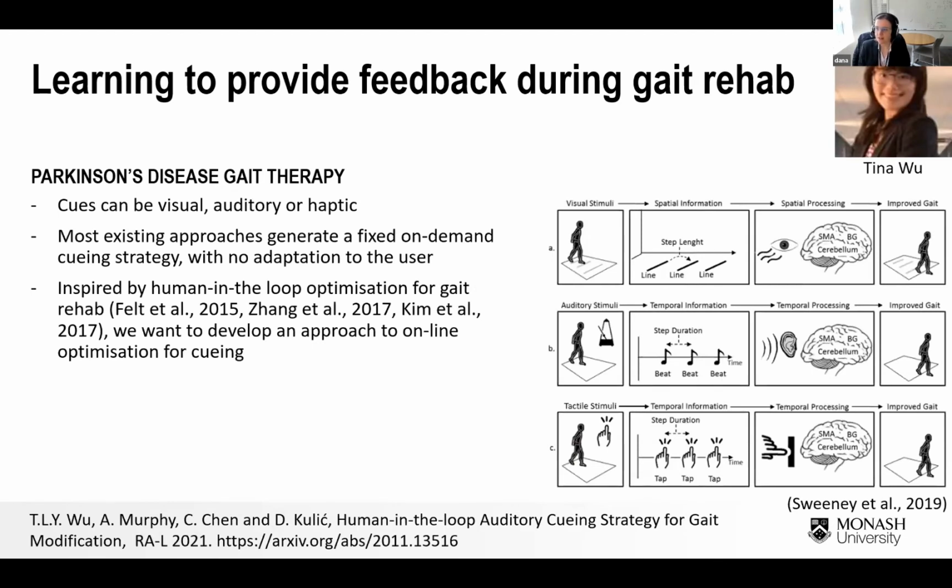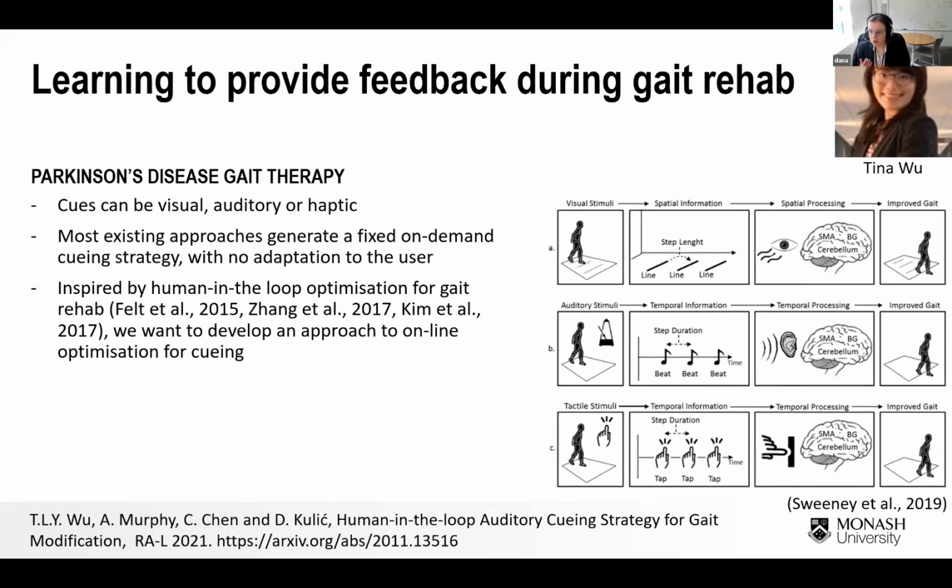It turns out that this approach can be implemented with visual cues, which we saw in the previous video, but we could also use a variety of cues. It could be visual cues, it could be auditory cues where you play a sound, or it could be haptic cues where you tap the person. Now, most existing approaches will generate fixed cues with no adaptation to the user.